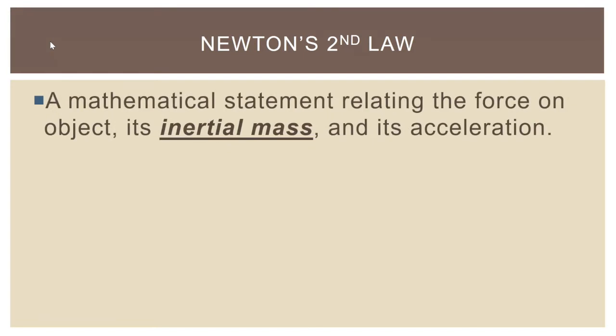Newton's second law is a mathematical statement, an equation, essentially, relating the force on an object, its inertial mass, and its acceleration. And so, of course, the obvious question here is, what is inertial mass? This is an annoying thing.